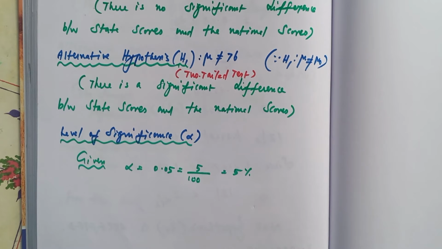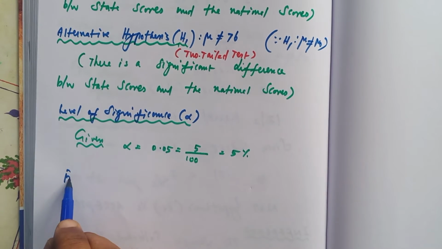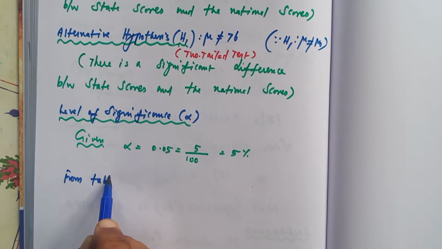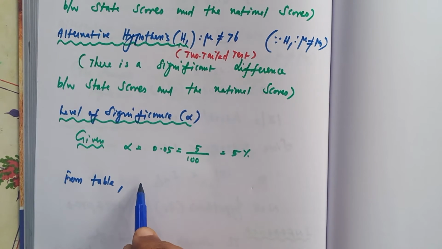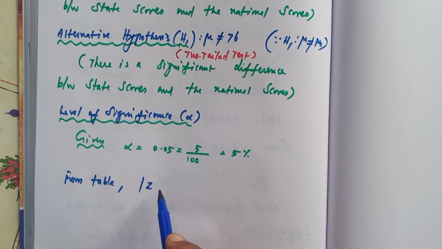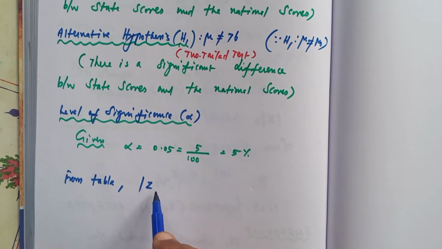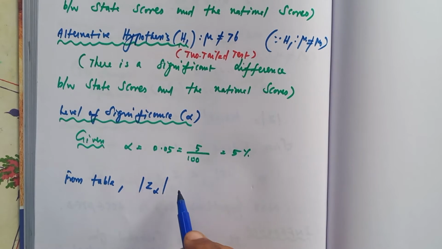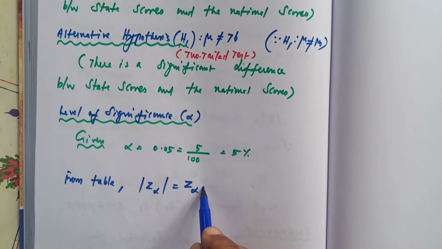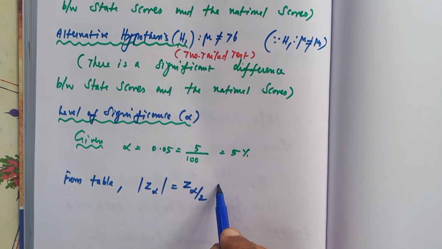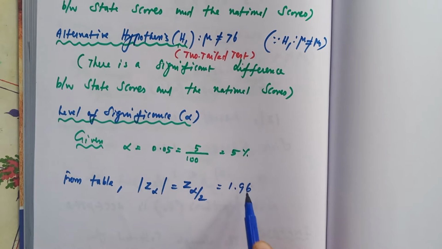Now from the table, you can write modulus of Z alpha. For a two-tailed test, Z alpha by 2 can be represented only for the two-tailed test. You know that it is equal to 1.96 from the table.